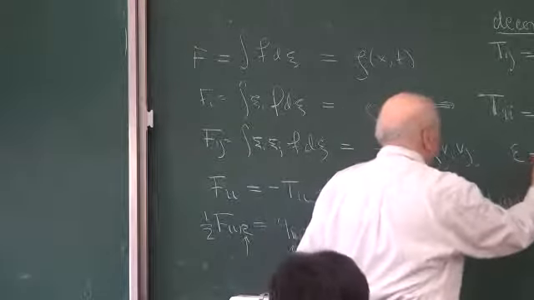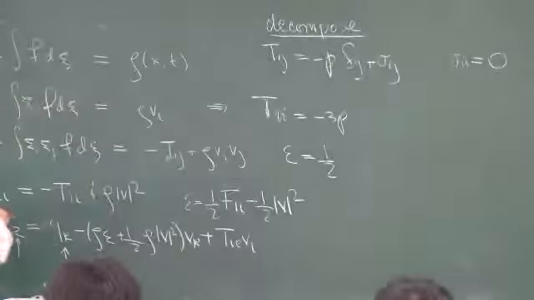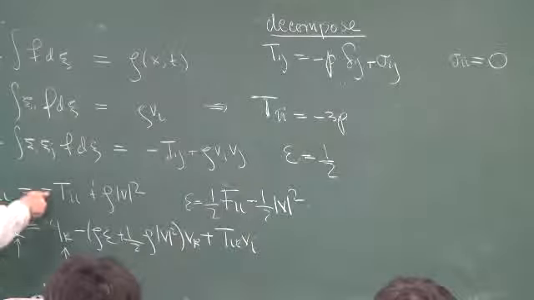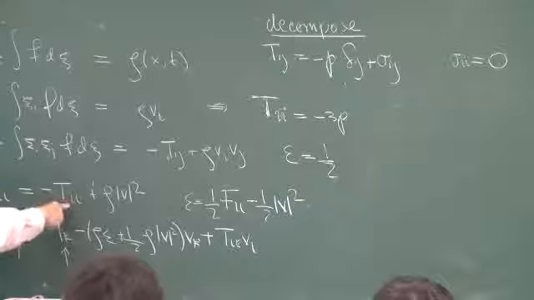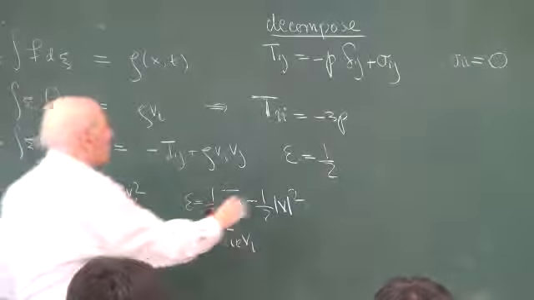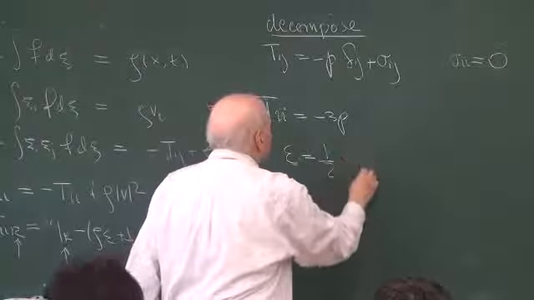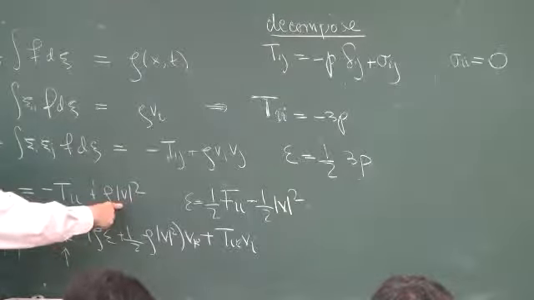That says epsilon is 1/2 F_ii. What is F_ii? It's minus T_ii, and T_ii was minus 3p. Minus times minus is plus, so this is 3p, if I don't make a mistake, plus 1/2 rho v squared.